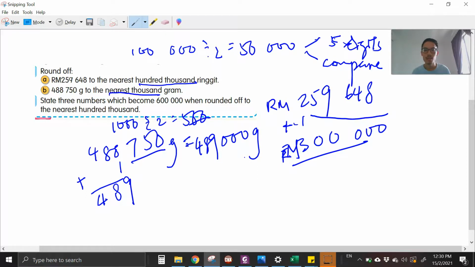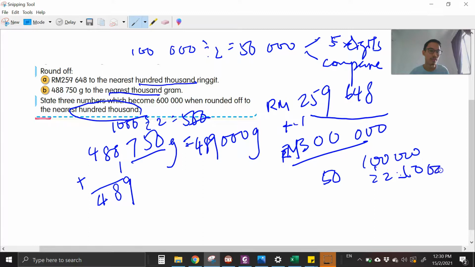Okay, now for the last question, state 3 numbers when rounded off to the nearest 100,000 will become 600,000. So you have to write, you can try one by one, but you know that the middle number, for 100,000, you divide by 2, you get 50,000.